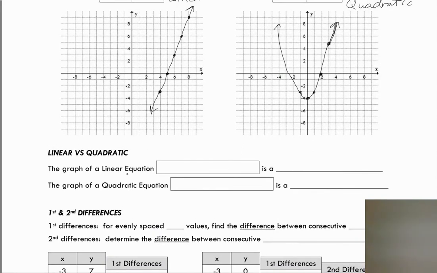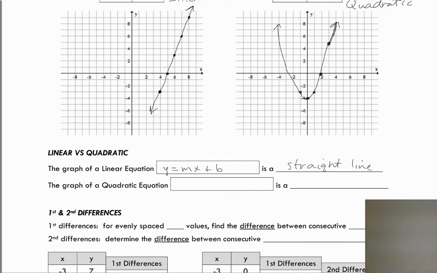The graph of a linear equation is when we have an equation like this: y equals slope times x plus the y-intercept. This always forms a straight line. That's a giveaway. That's definitely what happens in a linear equation.